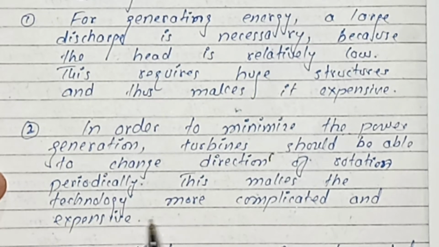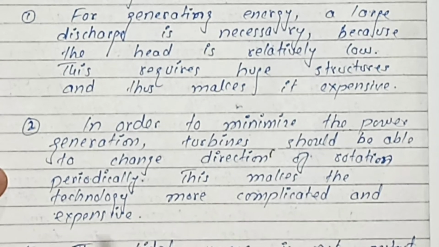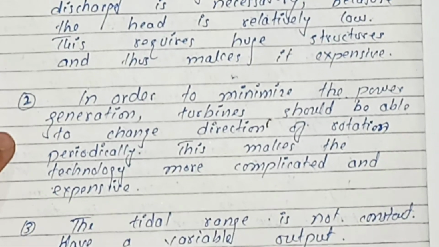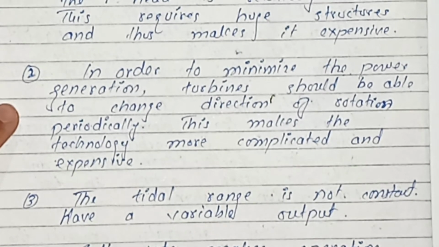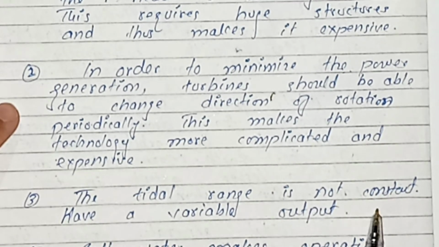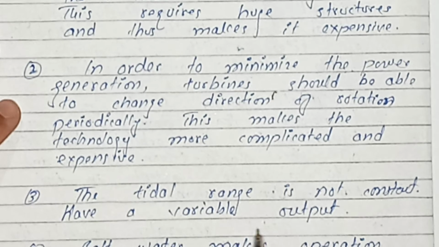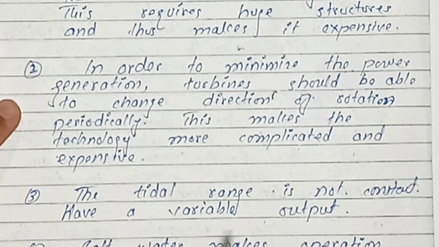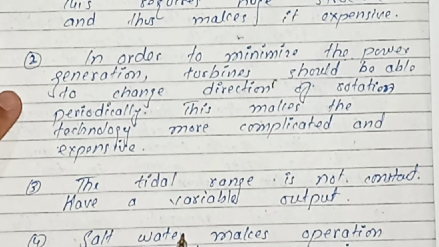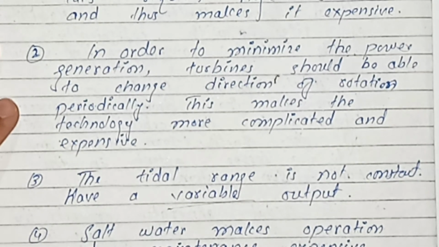This makes the technology more complicated and expensive. Another disadvantage is that the tidal range is not constant, so the output is variable and not constant; it will change.